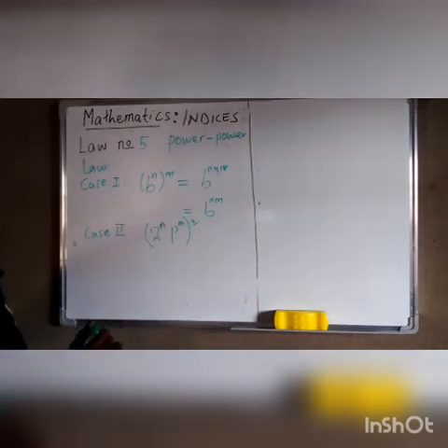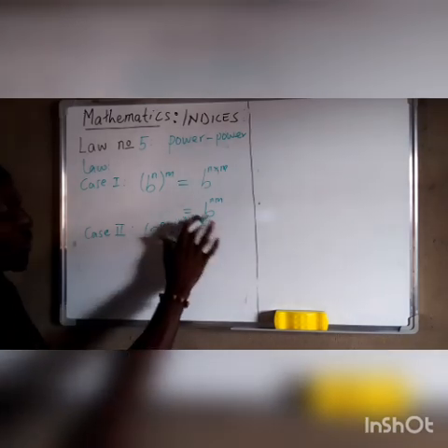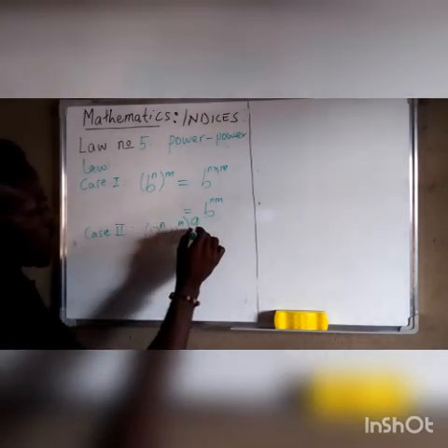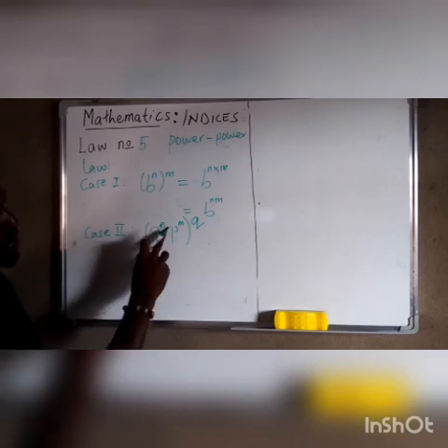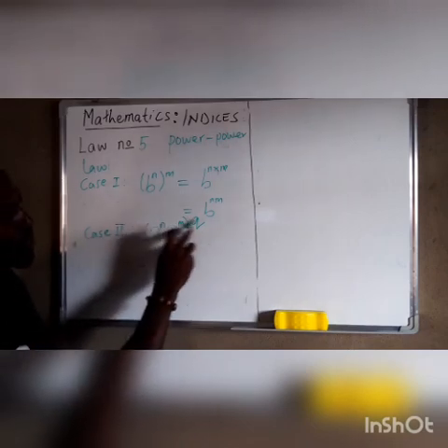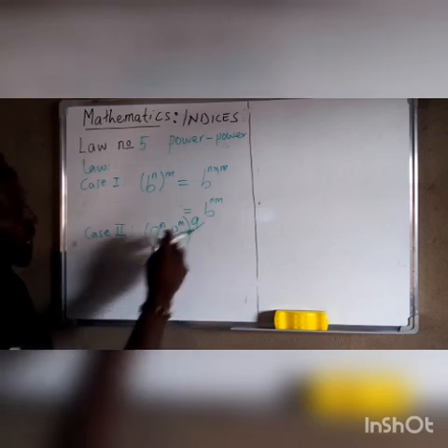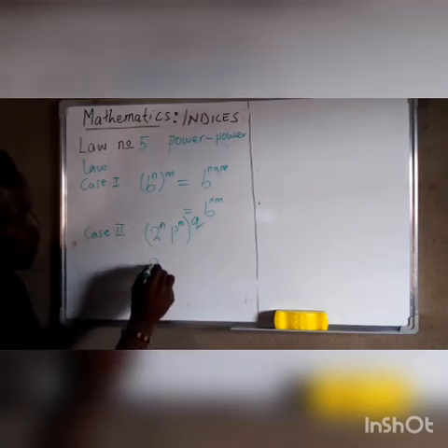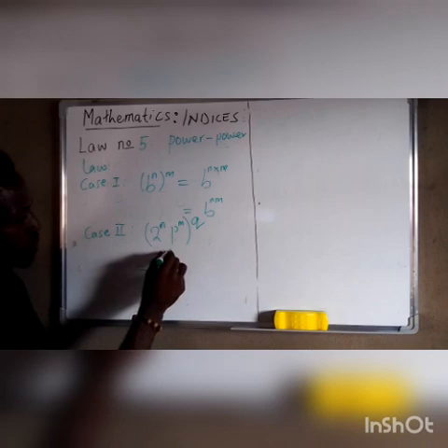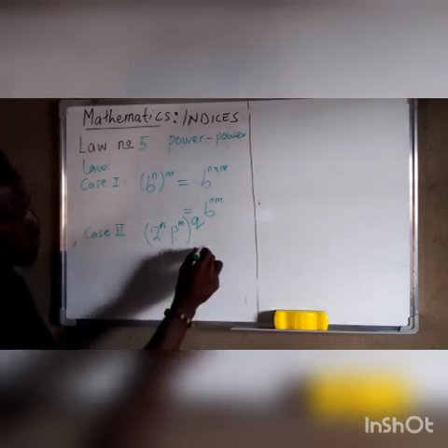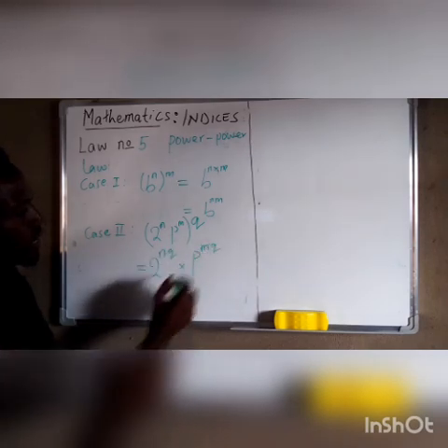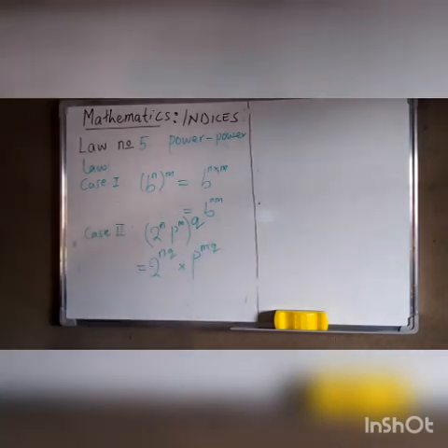The interpretation simply means that you are going to multiply each of these powers by the power outside. Therefore we have a raised to the power of n multiplied by q times p raised to the power of m multiplied by q. Those are the 2 cases when it comes to the power law.